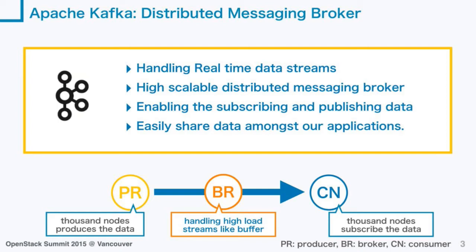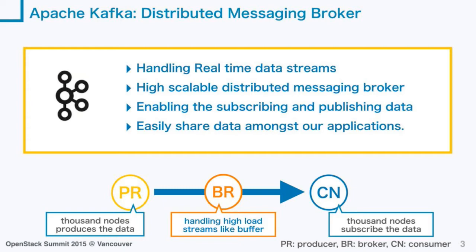The interesting part is that it can be used not only for sharing data, but also to deal with high load streams, like a buffer. It commonly happens, especially in big data analysis areas, that the data load is very high. So we can use Kafka as the buffer of this high load stream data.